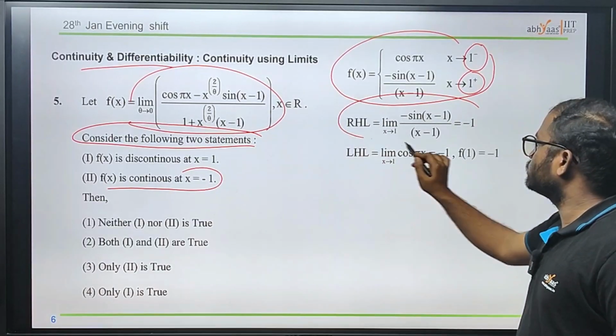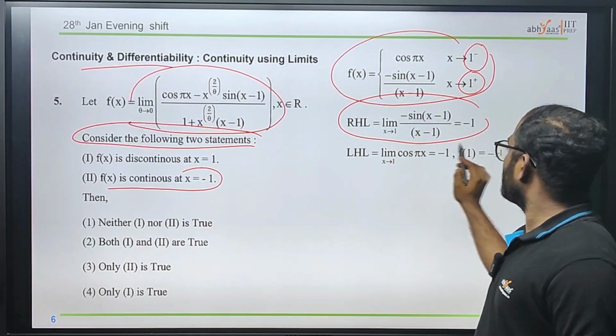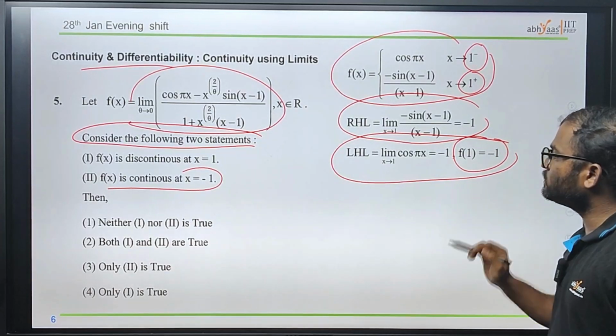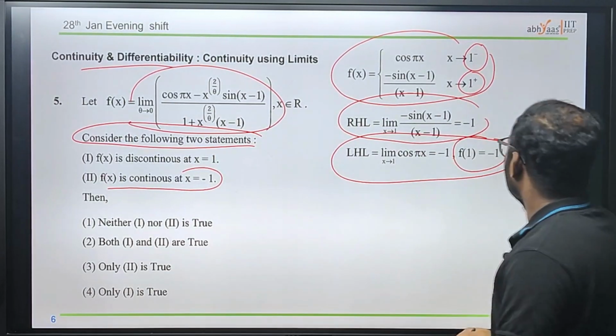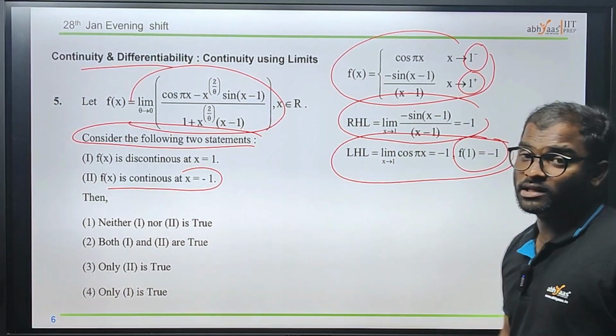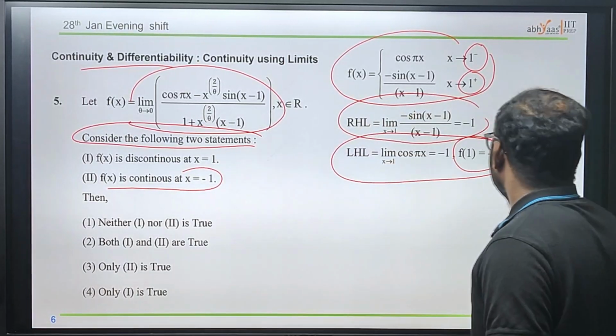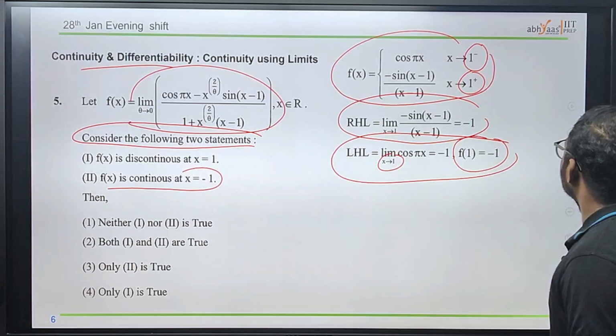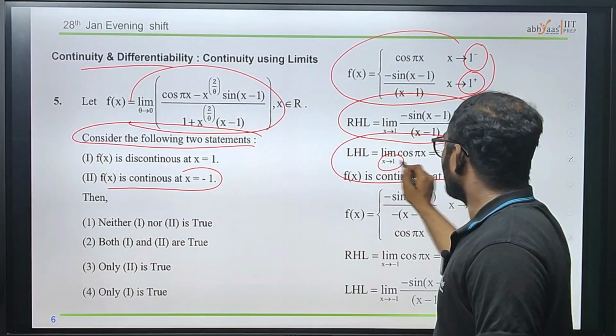Then after doing that, we have RHL and LHL equal to f of 1, which is equal to 1. From this we can say we have an equal situation here, RHL equal to LHL. Therefore at x equal to 1, f of x is continuous.